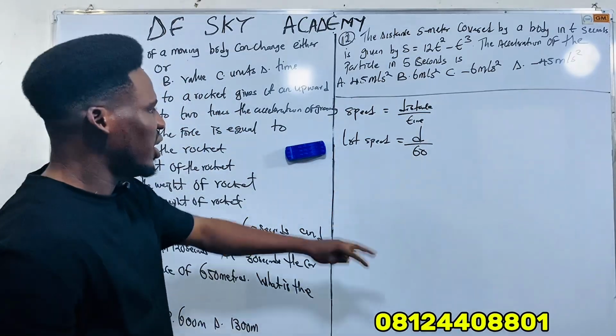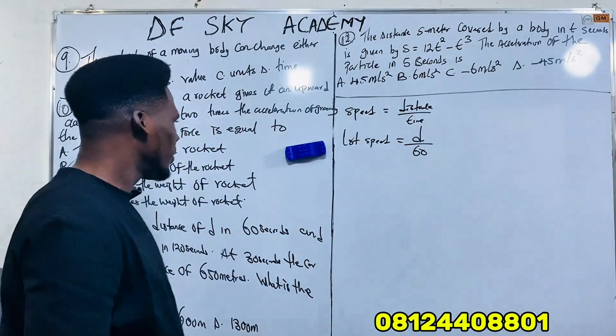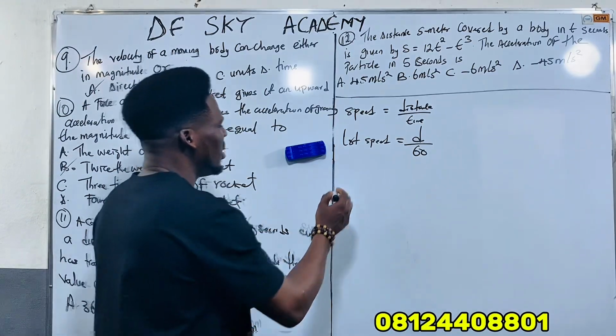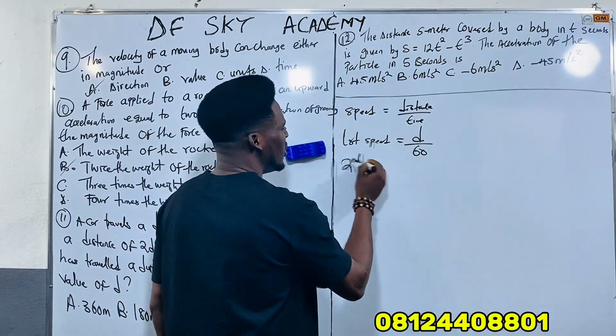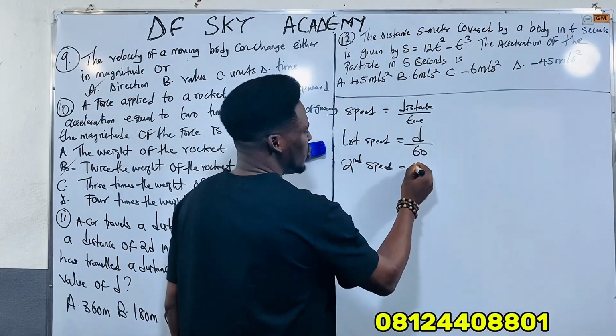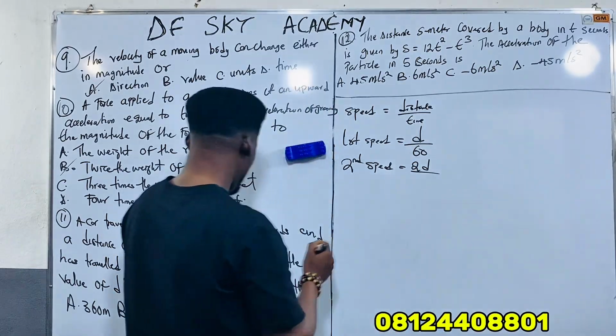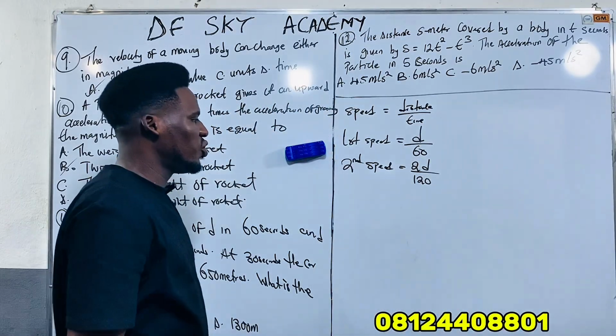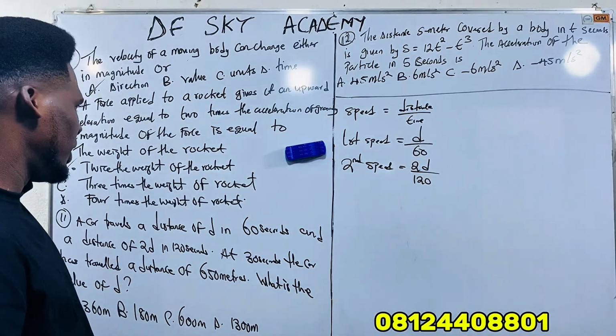That is distance over time, that is speed. And a distance of 2d in 120 seconds means the second speed will be 2d all over 120.